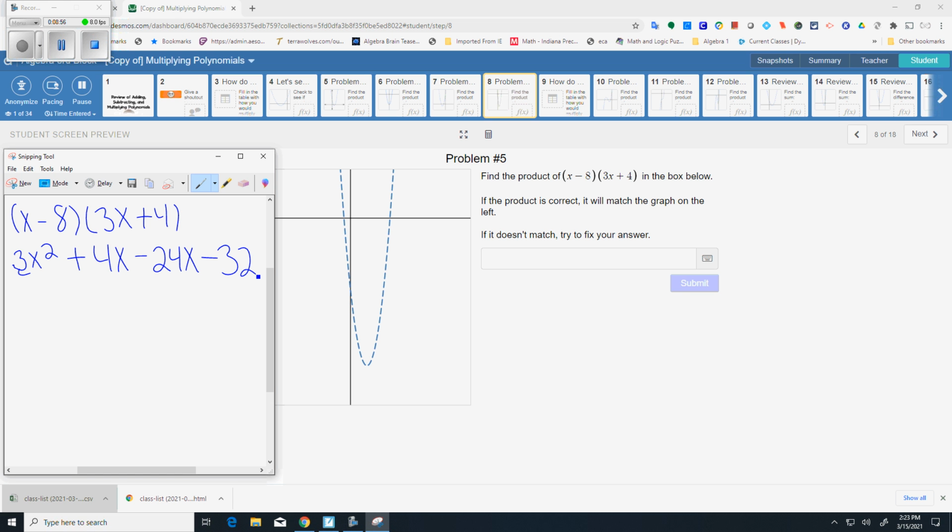We combine our like terms and we get 3x squared minus 20x minus 32.